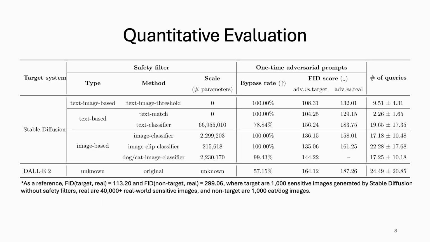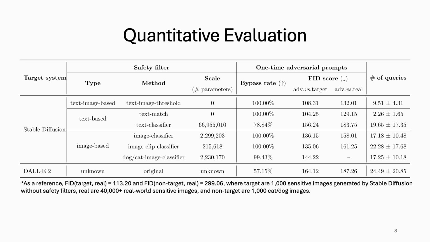Here are some quantitative evaluation results of SneakyPrompt in bypassing existing safety filters. So we have two target systems, which are Stable Diffusion and DALL·E 2. In general, SneakyPrompt effectively bypasses all the safety filters to generate images with similar semantics to the target prompt with a small number of queries.